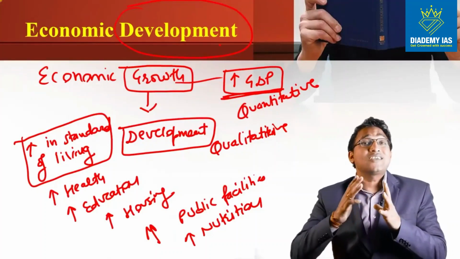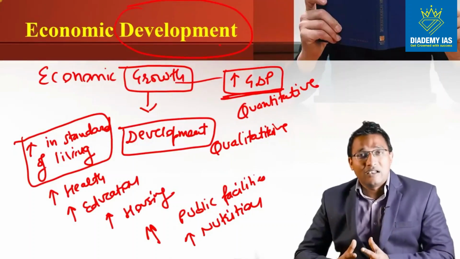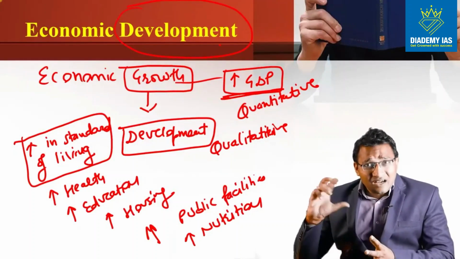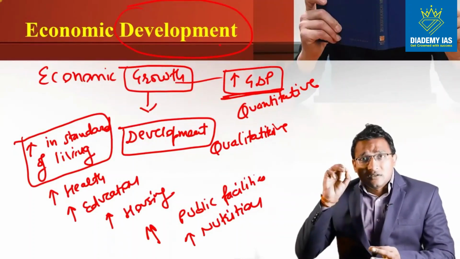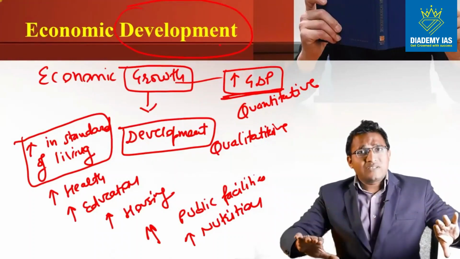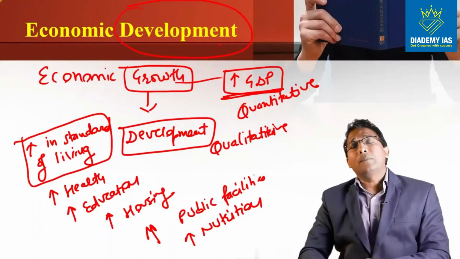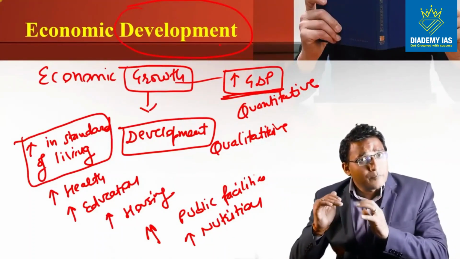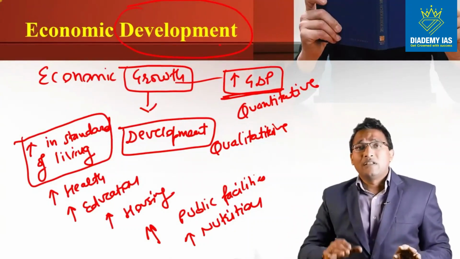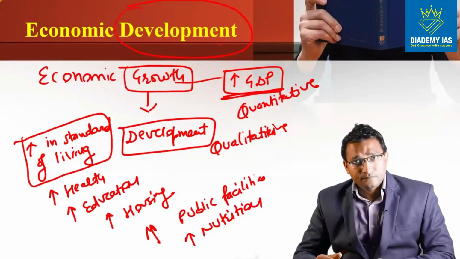So it is not just economic growth, but more than that, the willingness of the people, certain standards, certain intervention by the government, that the growth that is happening should go to all sections of society, should reach out to the maximum number of people, should reach out to the poor people, the people who have been left out from the process of development.